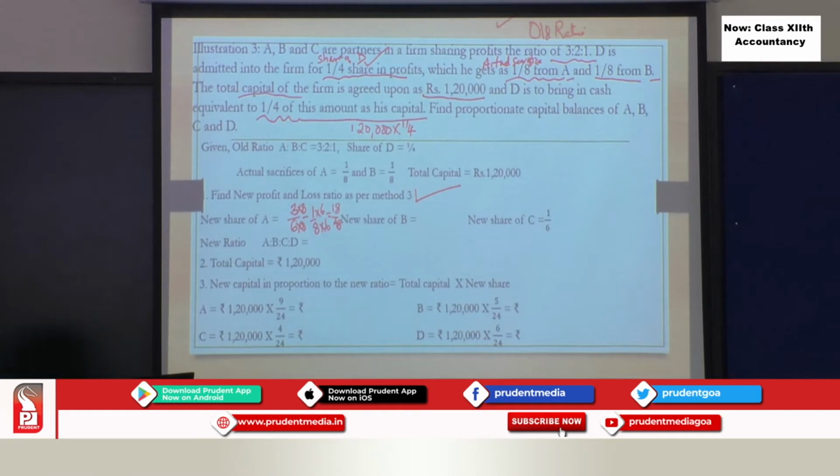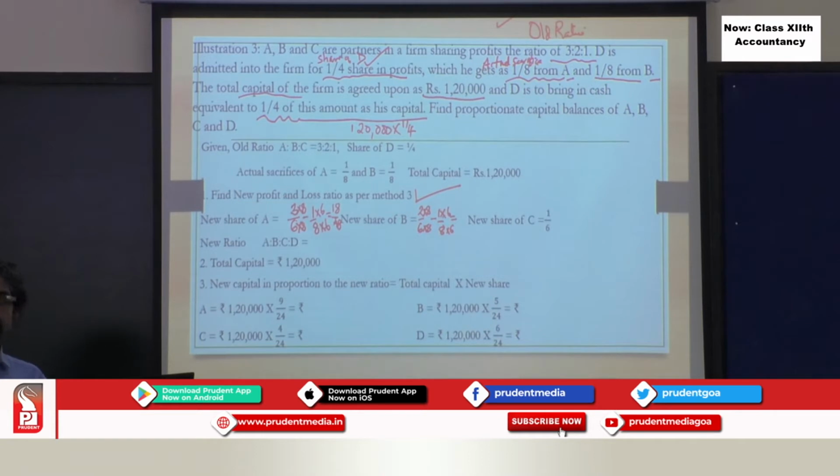Are you getting it? Yes. The same way we will find the new share of B. His old share is 2/6 minus his sacrifice, 1/8. Again we will convert these denominators into the same, multiply by 6 here. So, we are getting 2 into 8, 16, minus 1 into 6, 6.